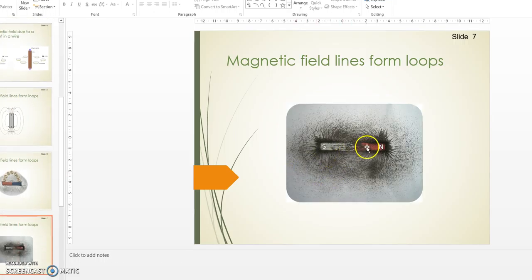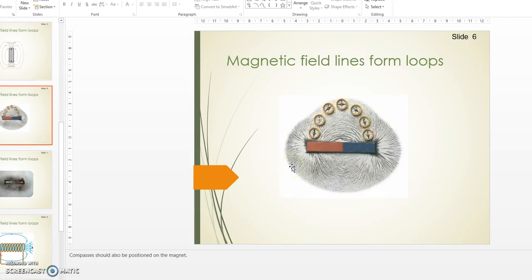This diagram is much better because they've actually sprinkled the filings on the magnet to at least indicate that there are field lines happening on the magnet. Even with this one, even if they didn't have filings on the magnet, what they should have done is put compasses on top of the magnet as well to emphasize that it's a complete loop.